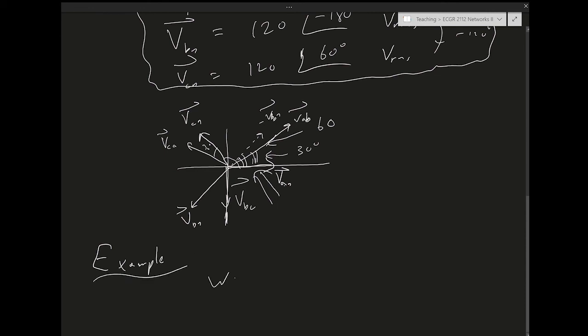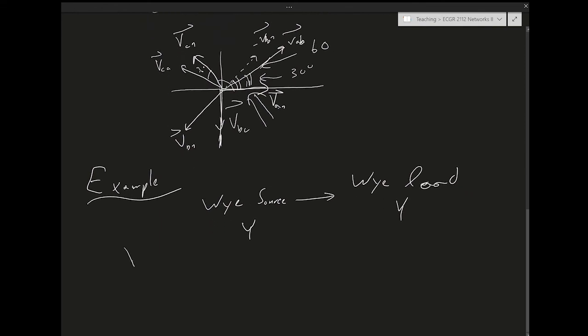So we have a Y source connected to a Y load, where the phase voltage is 120 volt RMS.